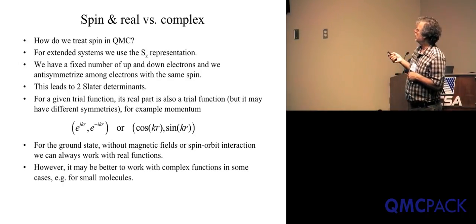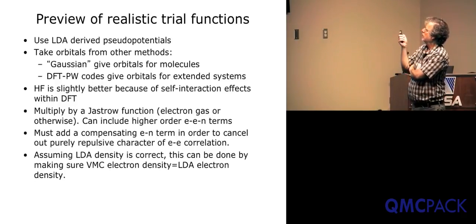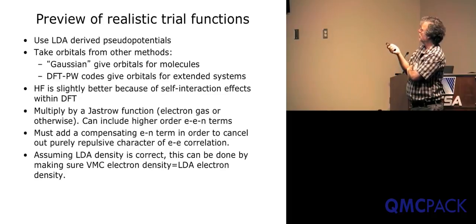In extended systems, we normally use an SZ representation, so we have a fixed number of up and down electrons, and we antisymmetrize only among electrons with the same spin. This is a preview of more realistic trial functions. We often use LDA or DFT-derived pseudopotentials to get rid of core electrons. We take orbitals from other methods.